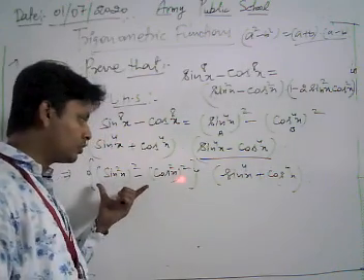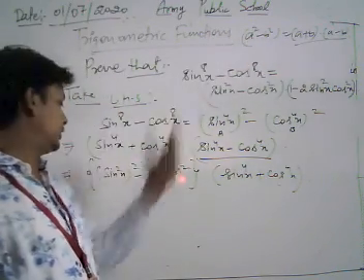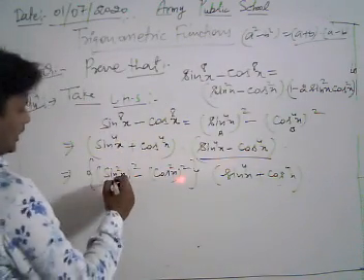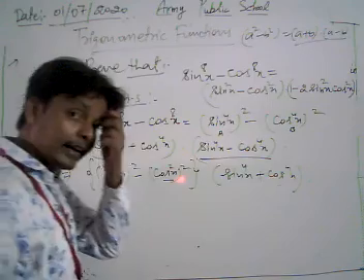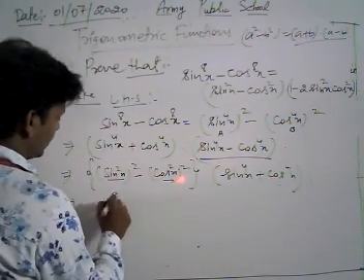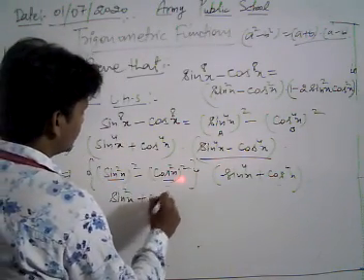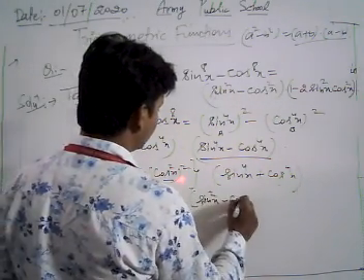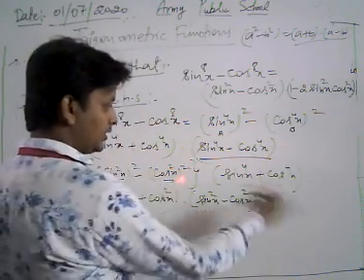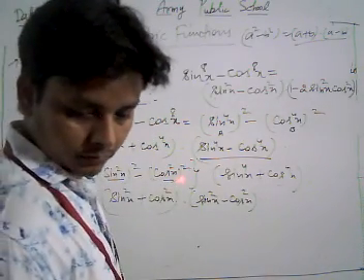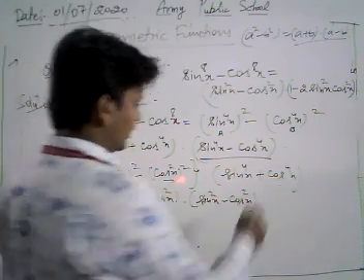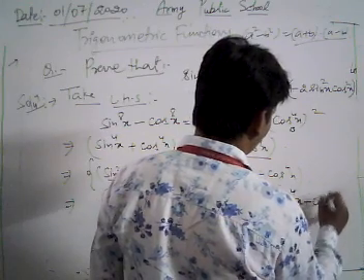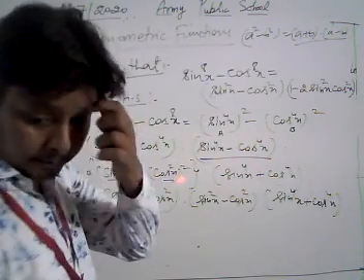Now here we use the further identity a square minus b square, that is a plus b into a minus b. Here a means sin square x, b means cos square x. So we get a plus b into a minus b. And on the same way, sin to the power 4x plus cos to the power 4x.